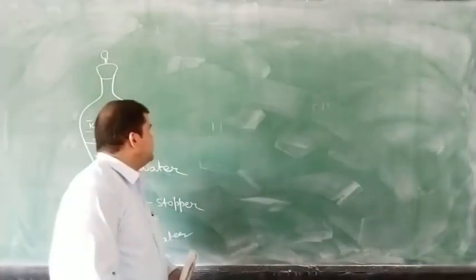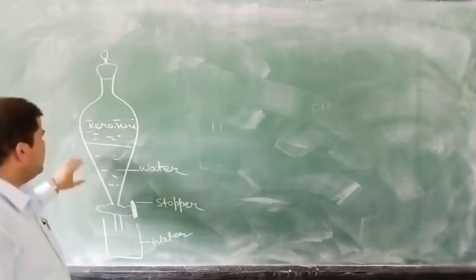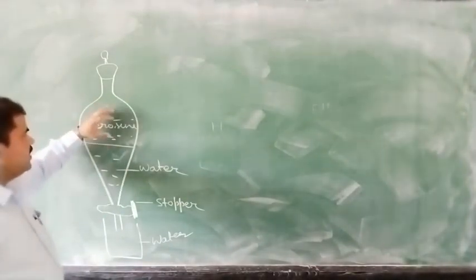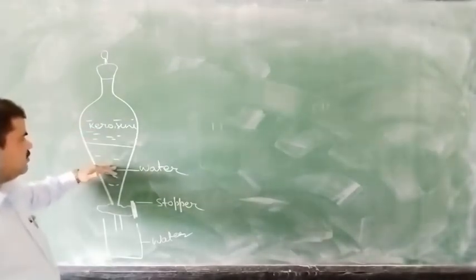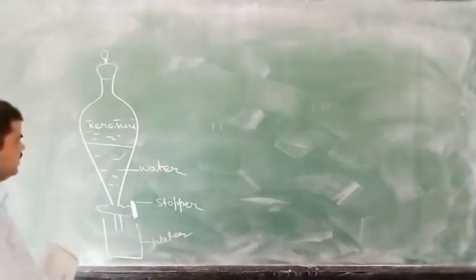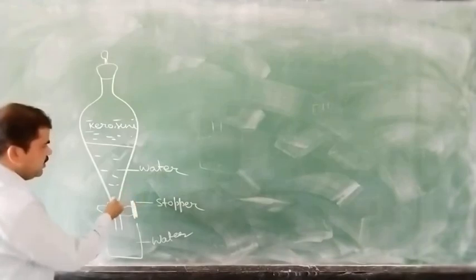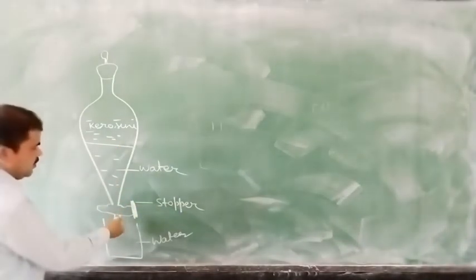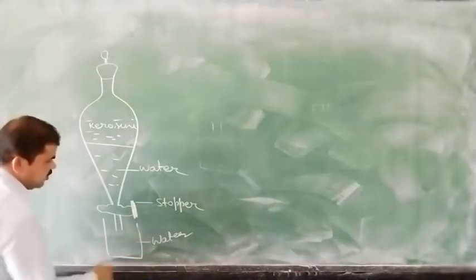This separating funnel is made of transparent glass, and in it we take the immiscible liquids. We can see the oil and the water properly. There is one stopper. We open the stopper, then the liquid comes out of the separating funnel and we collect it in another container.